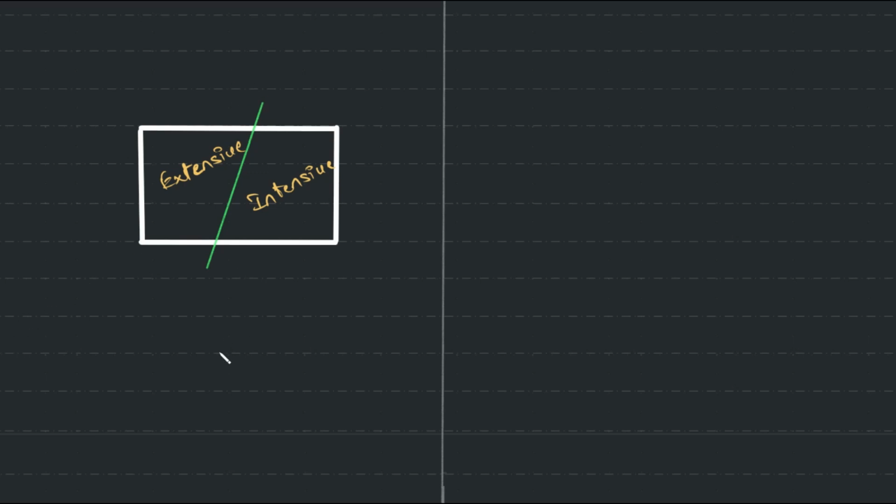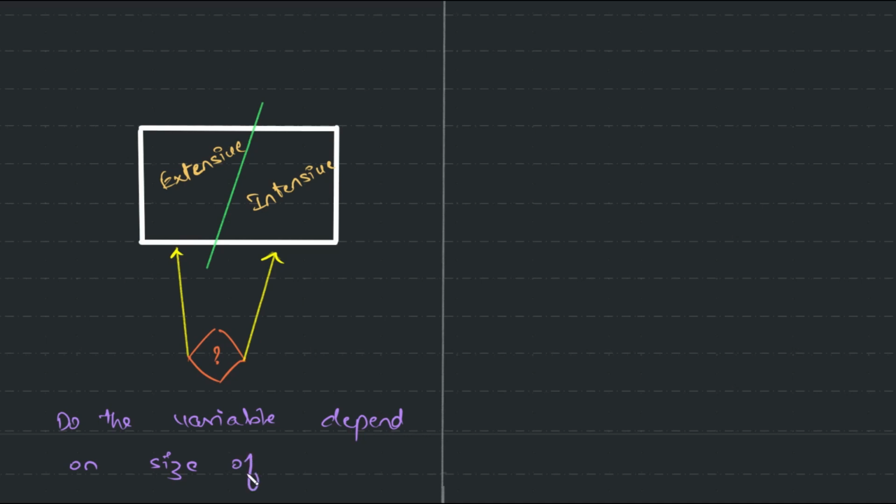Now, what is a benchmark which helps us decide on this? What is that question which takes care of the division, that leads to such classification? The question is: do the variables depend on the size of the system?